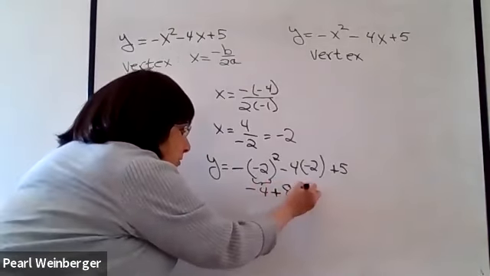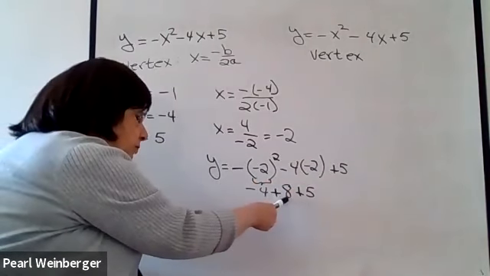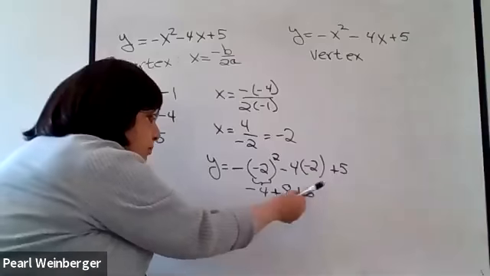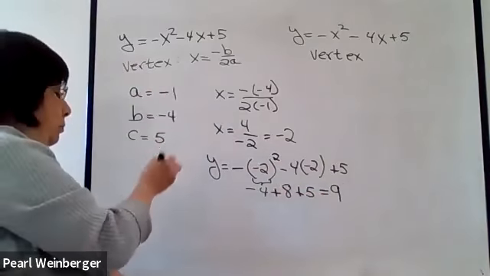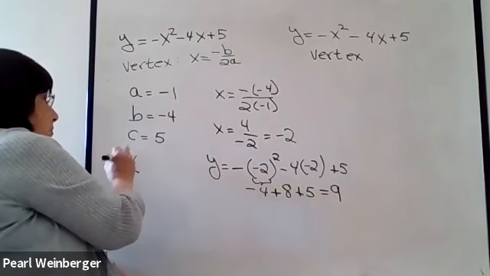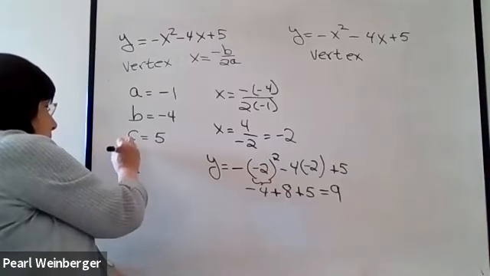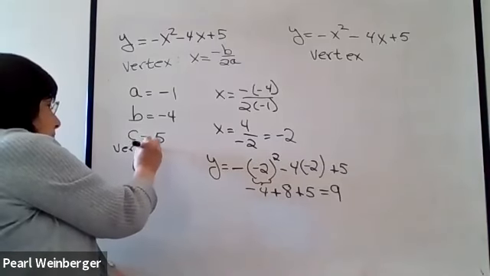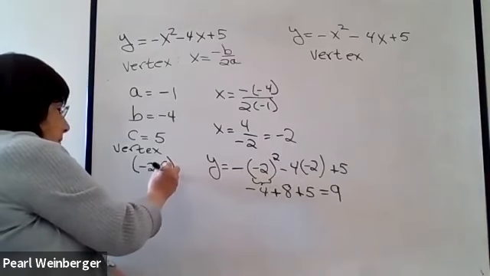And this is +5. So -4 plus 8 is 4. 4 plus 5 gives me 9. In other words, my vertex is the point -2, 9.